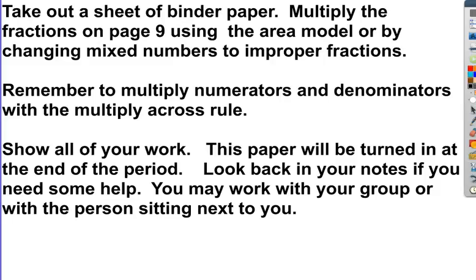If after you've done 6 examples, extra examples of your own, and you've done all of the examples on page 9 and there's still time left, then you read silently. The only talking that should be going on is discussing the math and what you think you should be doing for the math. Okay? So good luck, and I will see you tomorrow.